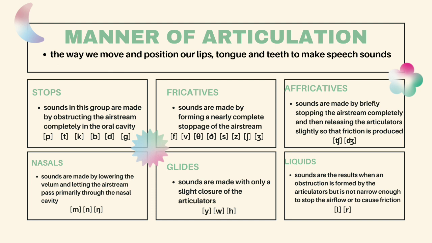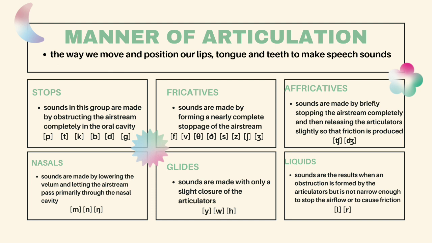Fourth one is the nasal. Sounds are made by lowering the velum and letting the airstream pass primarily through the nasal cavity. Examples include moon, nap.